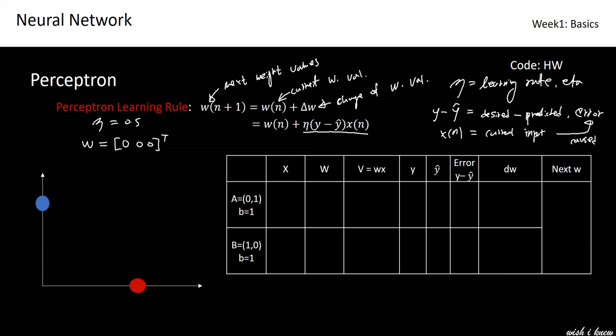So for example, this blue point, say this is A, is at 0, 1, and it's labeled as blue, and let's set blue as label 1. And this point B is at 1, 0, and let me set red as -1.